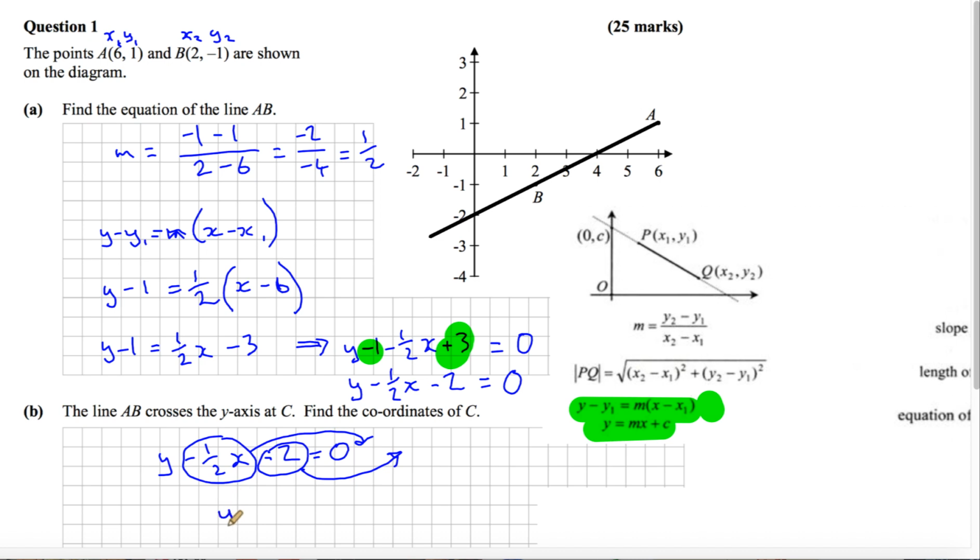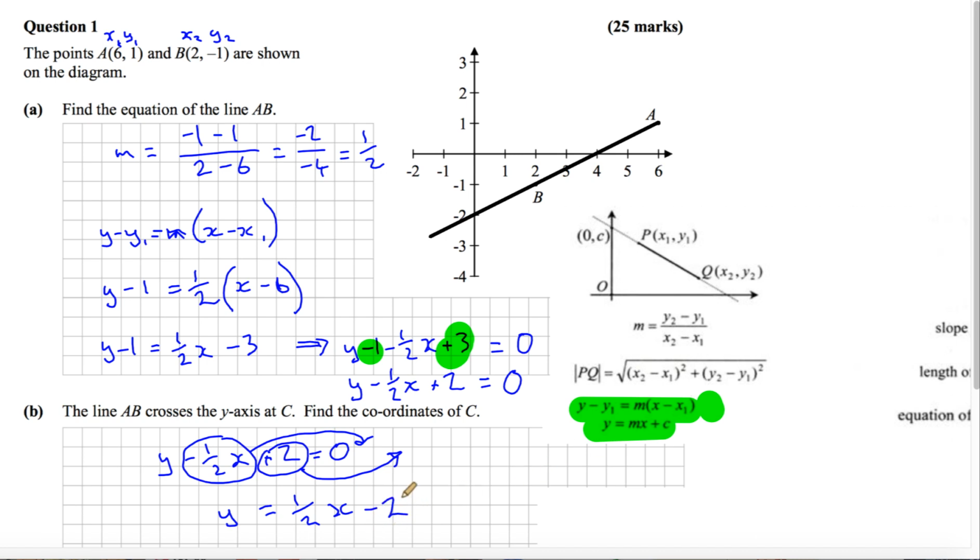So what I'm left with is y is equal to a half x. Sorry, this here, minus 1 plus 3 is actually plus 2. That was plus 2. So when you bring this over, it becomes minus 2. So there you go. Y is equal to a half x minus 2.